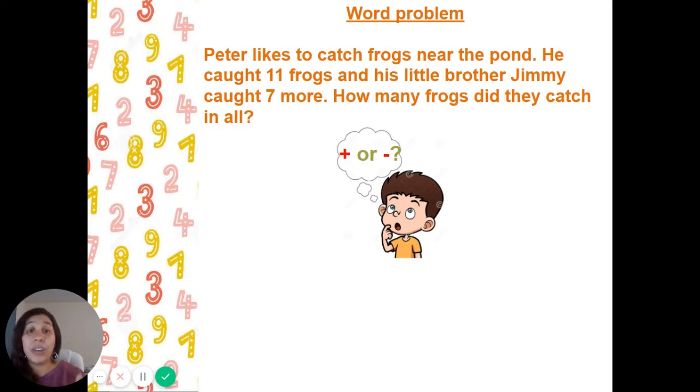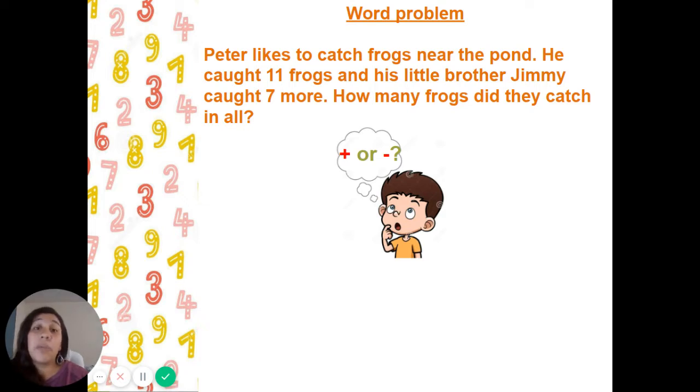I bet the answer is in the words that the problem is using. So let's take a look again and pay attention. Every number that you find in a word problem is important. So we need to identify numbers and identify the keywords to know if this is an addition or subtraction problem. So Peter likes to catch frogs near the pond.